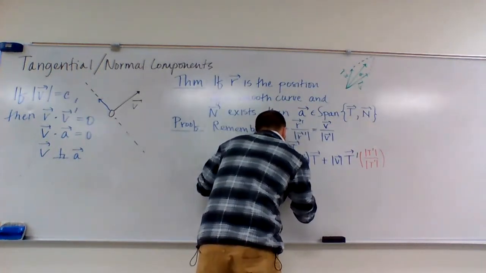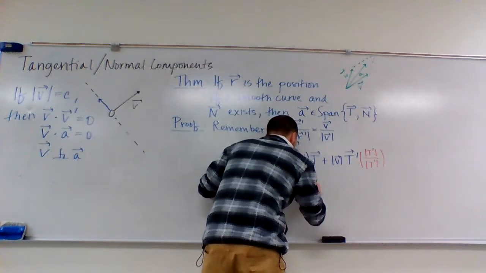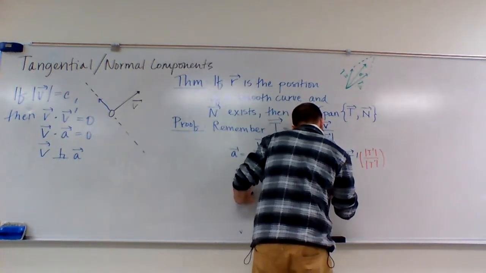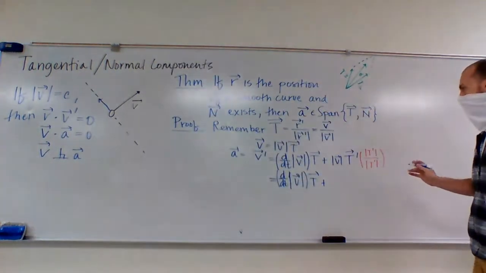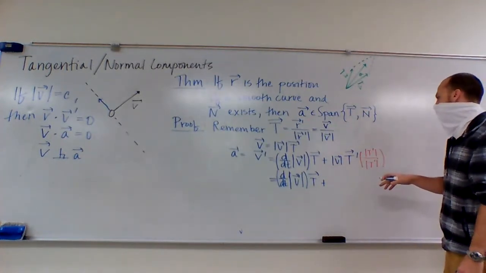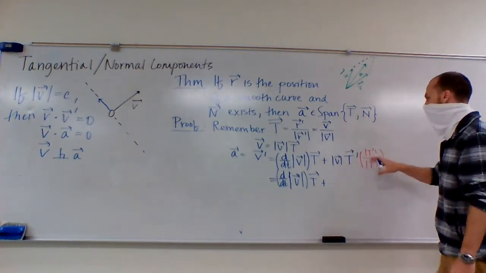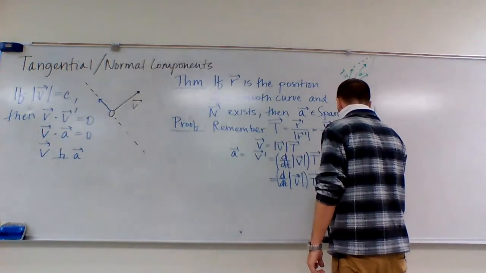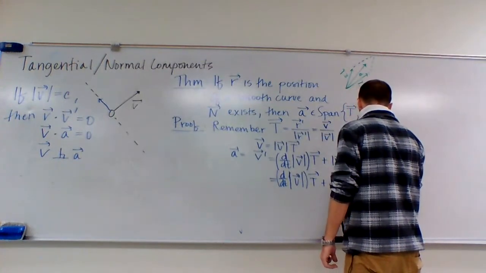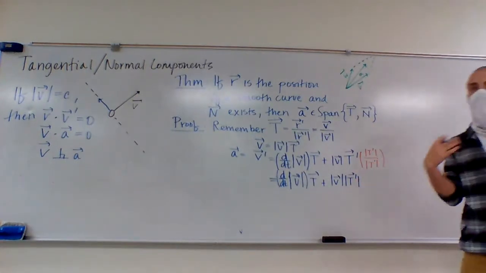So I'm going to say that this is equal to the derivative with respect to time of the absolute value of v, the derivative of speed, times T, plus, and now I'm going to shift this around, the length of v times the length of T prime. But then I'll have T prime over the length of T prime. That's the unit normal vector.